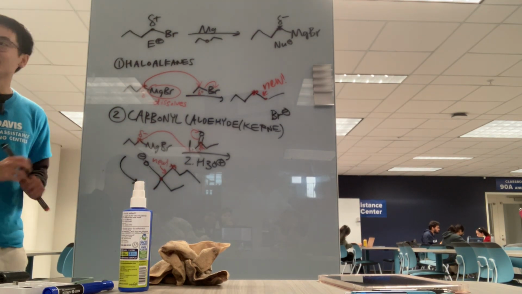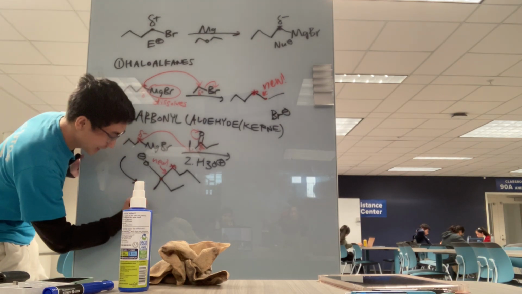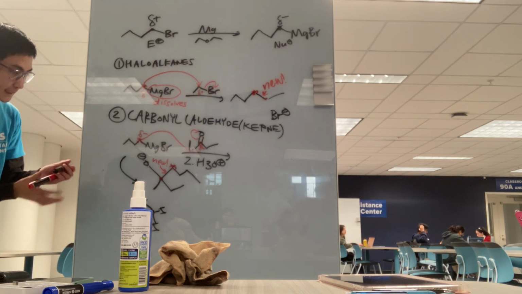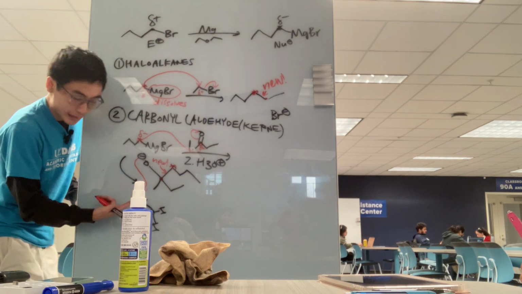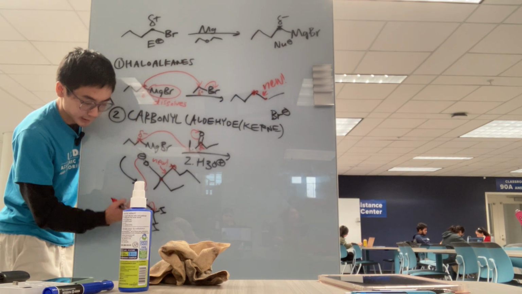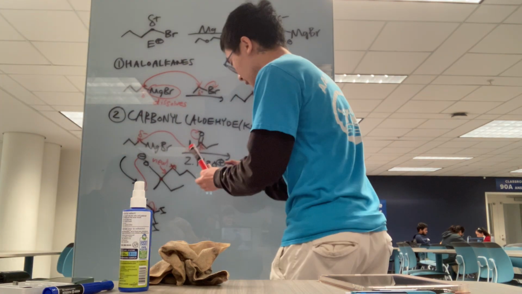Now, what do you guys think the second step is going to do? The H3O plus is going to protonate this O minus, right? To make it neutral, right? This O minus here is going to grab one of the hydrogens of the H3O plus, and the bond between that hydrogen and oxygen is going to kick off onto that oxygen, kicking off a water molecule, making this O minus into a neutral OH.